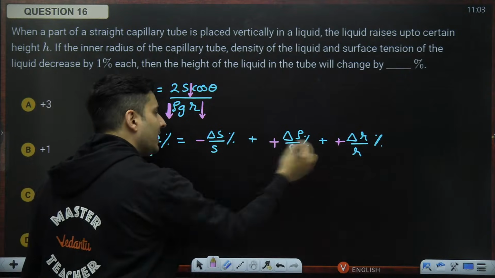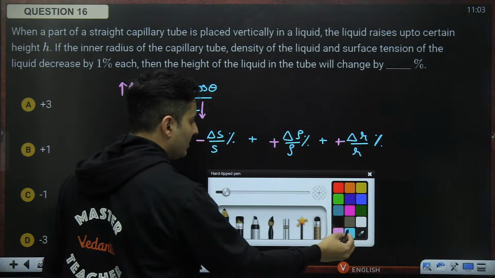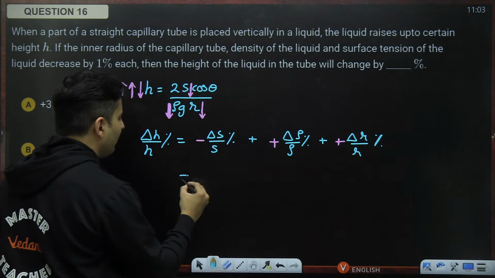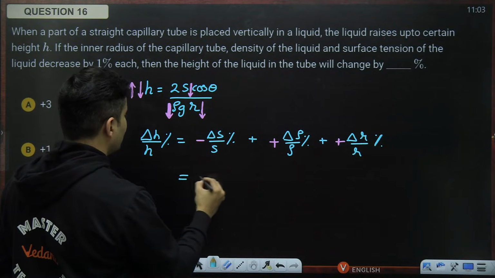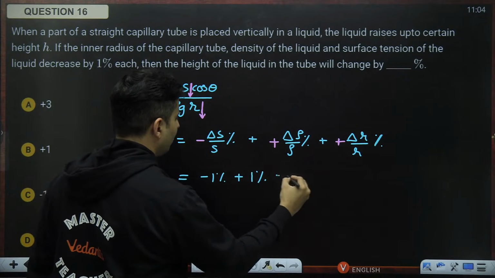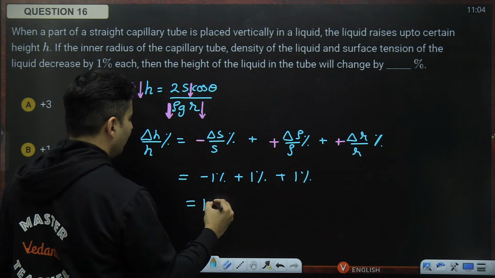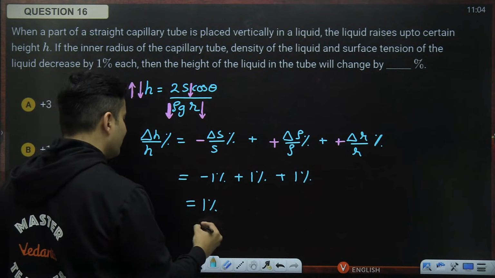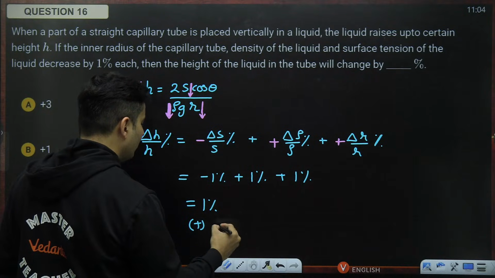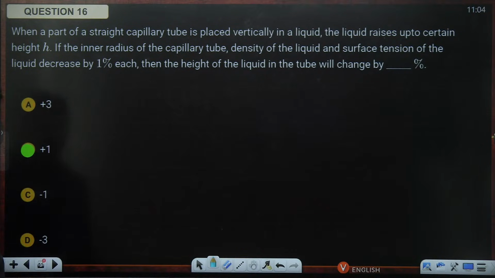So this is the correct sign which you should put, instead of just plus and plus. Surface tension is contributing negative 1%, density is contributing positive 1%, radius is also contributing positive 1%. So the final contribution will be 1%, and since it is positive, it will increase. Hence the correct answer is option B.